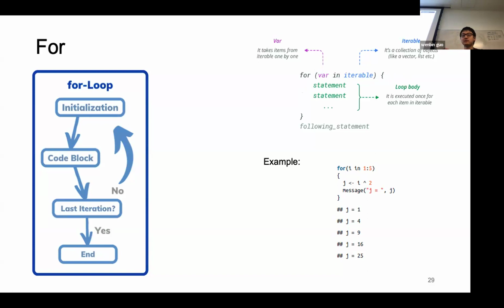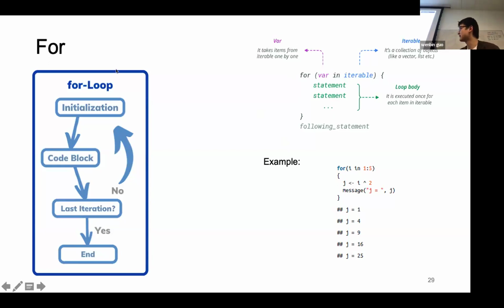For example, we want to iterate through every element in the vector, so we can just write var in iterable in this way. The whole statement after that is the loop body. After iterating through all the elements, this whole chunk of code will stop.